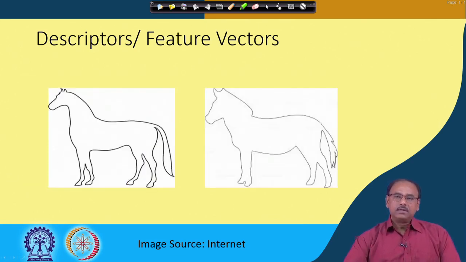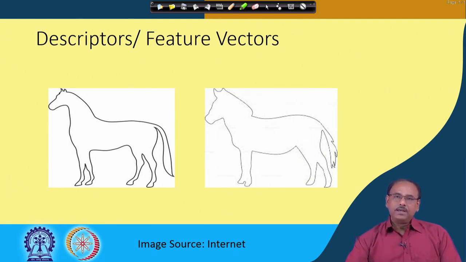So, if you look at the shape of these two animals, you find that the shape boundary is more or less the same. That means this shape information or the boundary information does not give you sufficient description by which you can differentiate between a horse and a zebra.